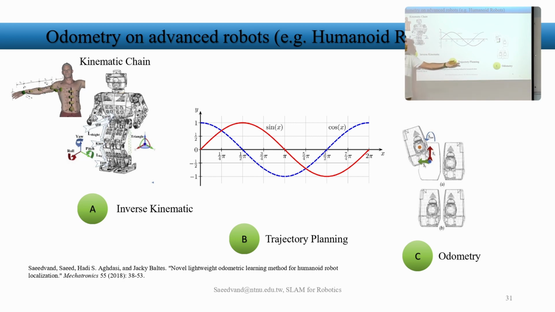Instead, what we can do, we can say, okay, we have, for example, sine and cosine, right? And what if my robot's right foot, if you look from the side, like look at me like this, follows this sine? That's very interesting.